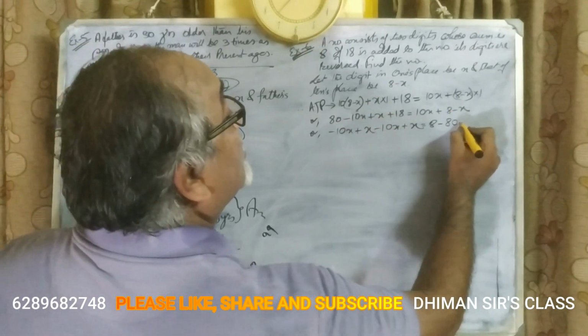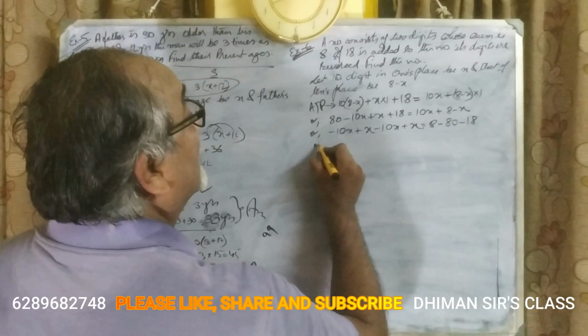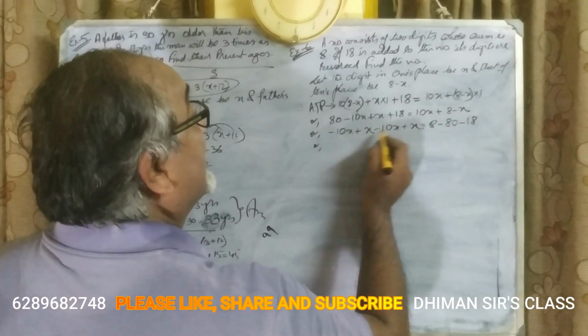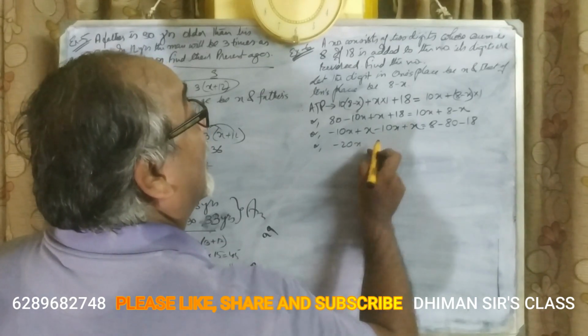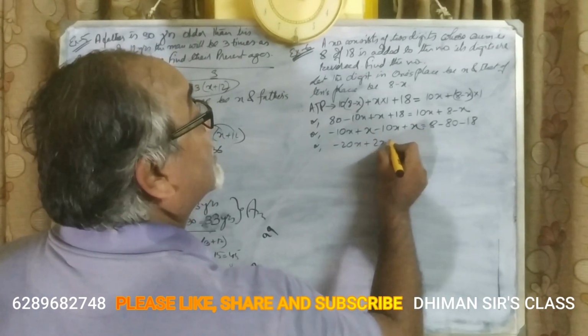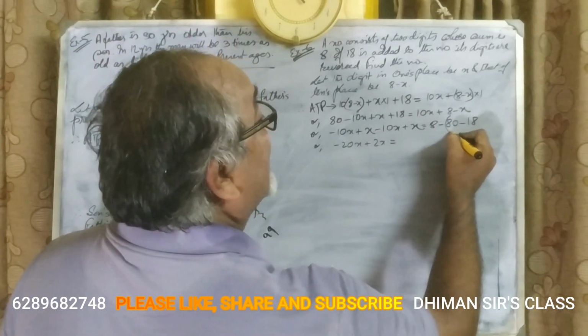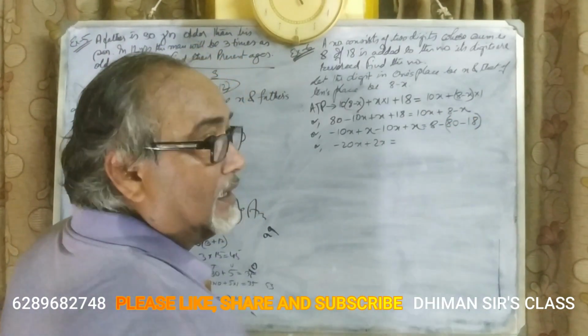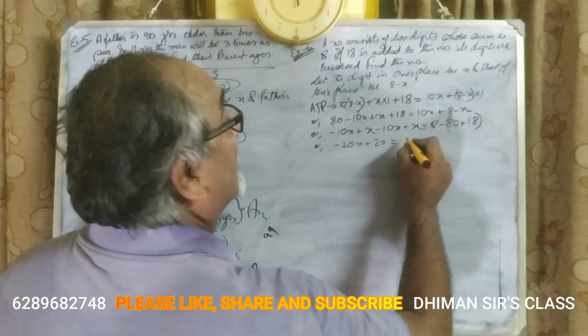And plus 18 also becomes minus 18. Okay. Or minus 20x and plus 2x is equal to, let the first minus be outside and inside the bracket all minus signs become plus.